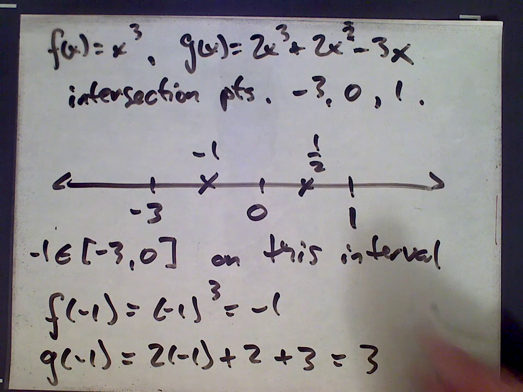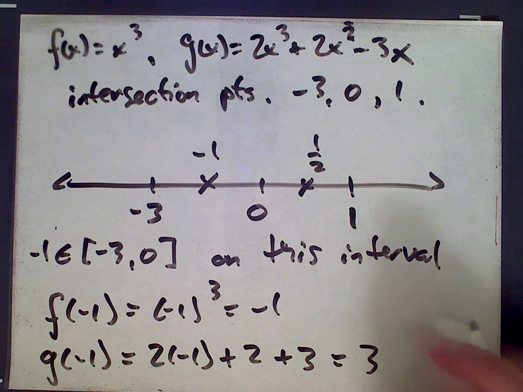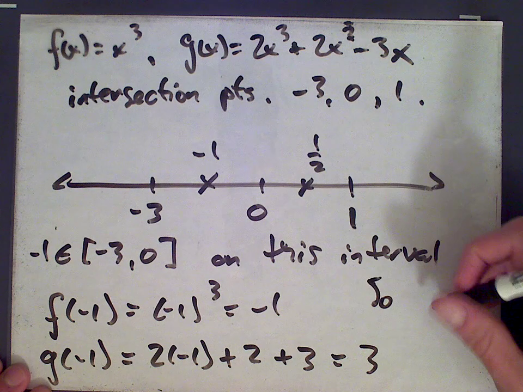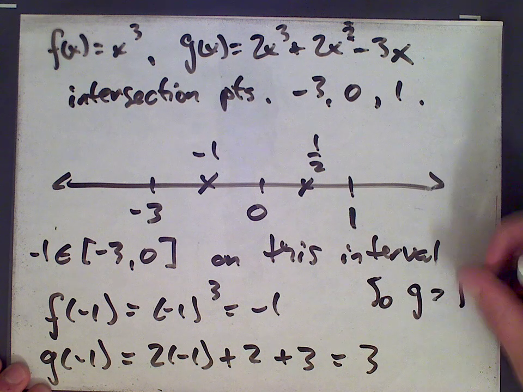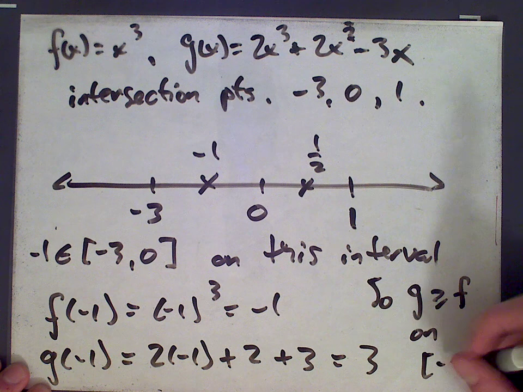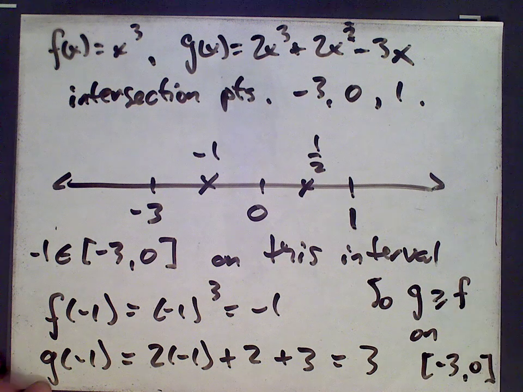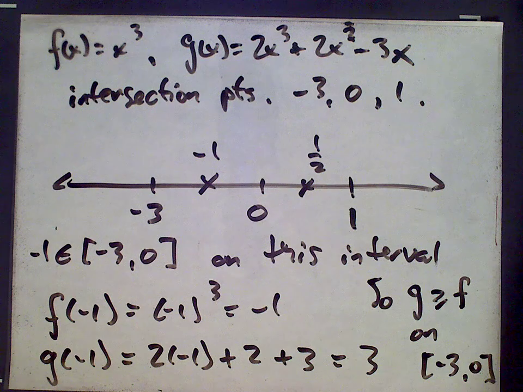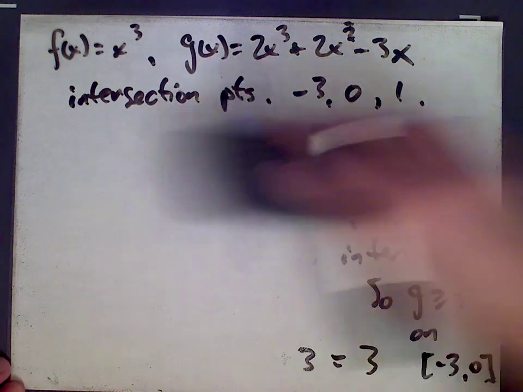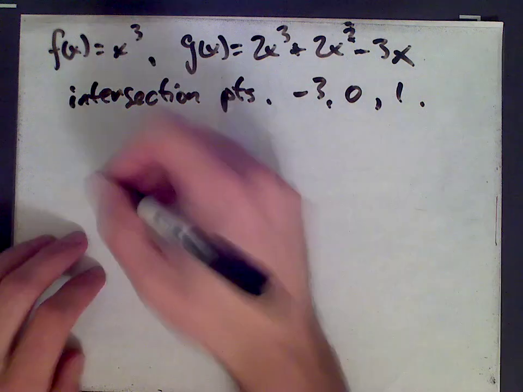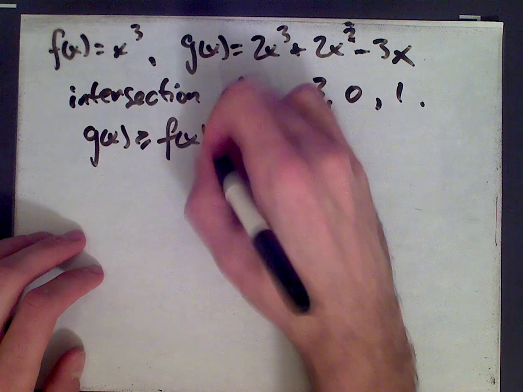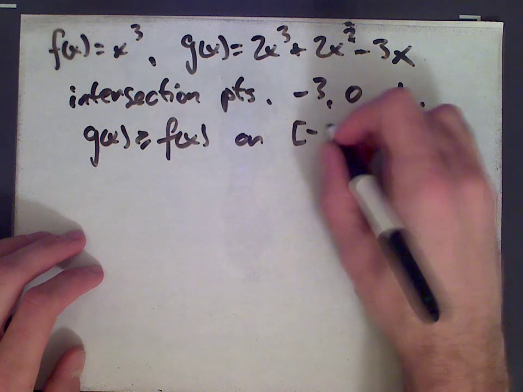So g at -1 is 3, and f at -1 is -1. So on this interval, g is bigger than or equal to f on the interval from -3 to 0, so we'll take g minus f on that interval. Just remember that. I'll write it down here: g of x is bigger than or equal to f of x on the interval from -3 to 0.